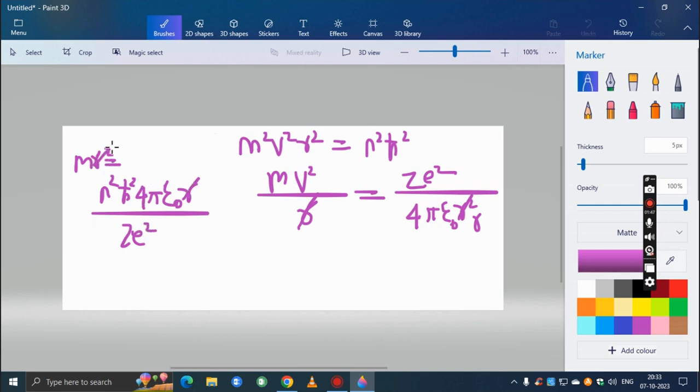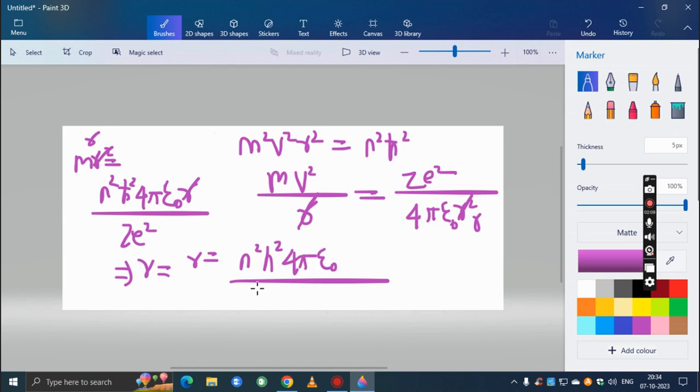So we can cancel out the r's, and this is not the final expression, I guess we can simplify this further. So r equals n square, and h bar square can be written as h square by 4 pi square. So n square h square 4 pi epsilon naught divided by 4 pi square Ze square m.